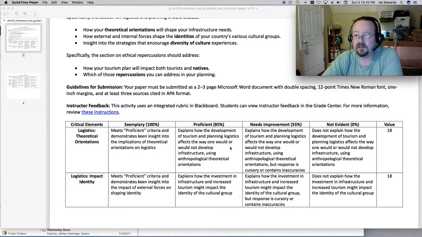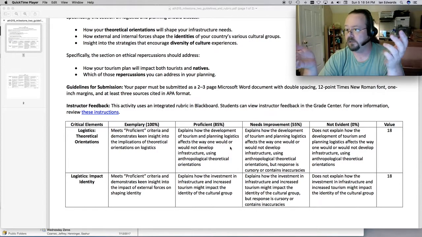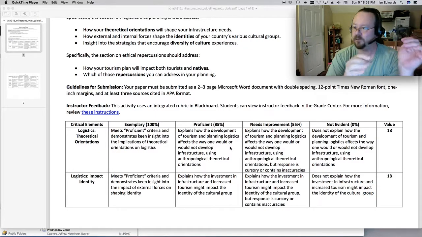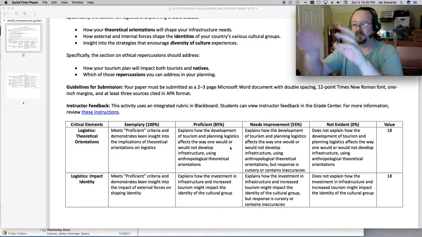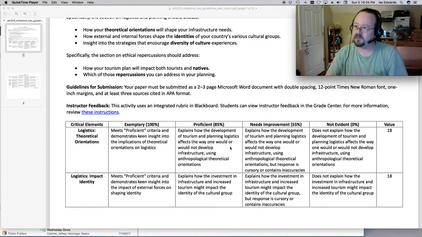Are you going to need roads, hotels, things like that? Those sorts of ideas of development fall under anthropological theoretical perspectives of modernization. So you see how I'm connecting the infrastructure logistics to the anthropological perspectives. That's really the key thing here.